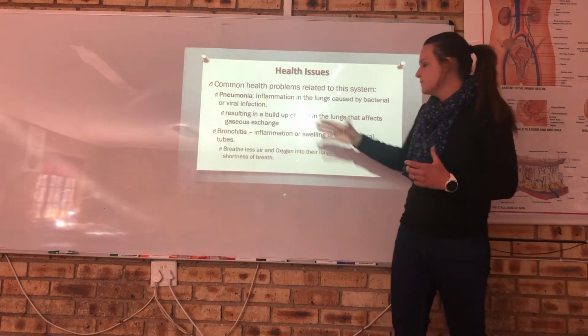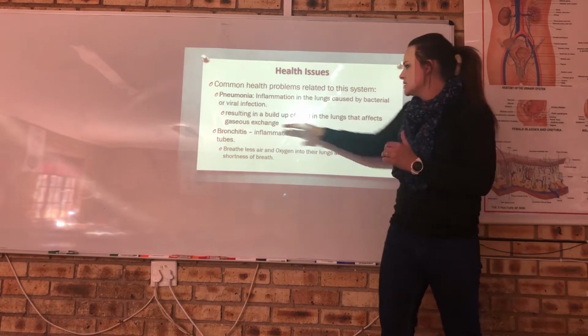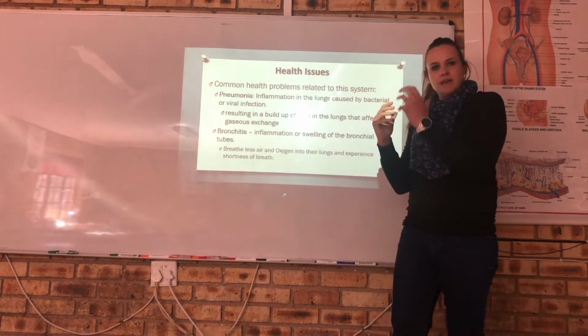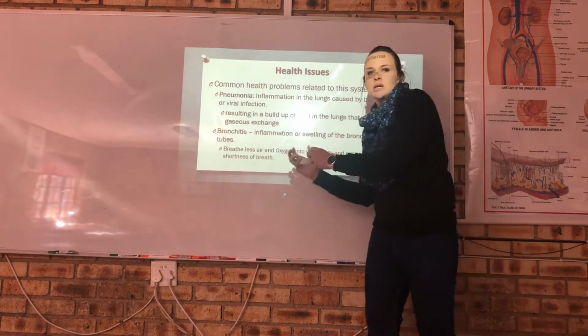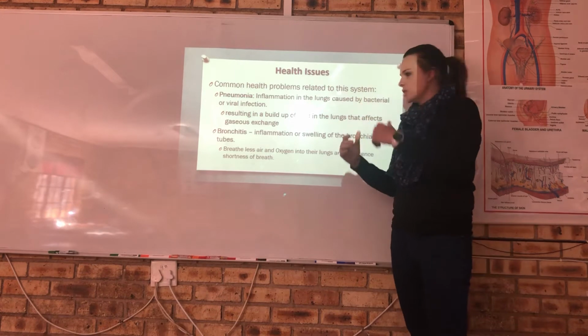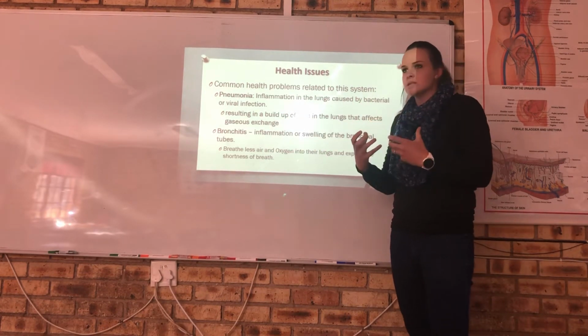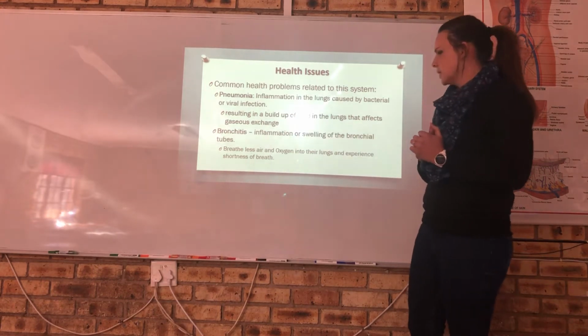But that fluid then lines on the lungs, and because it's lining on the lungs, it prevents gases exchange. So in the alveoli, in the lungs, that's where we have gases exchange happening. So oxygen moving into the blood, carbon dioxide moving out. That's gases exchange. And if that is prevented by this fluid, it causes inability to breathe efficiently. That's what pneumonia is.